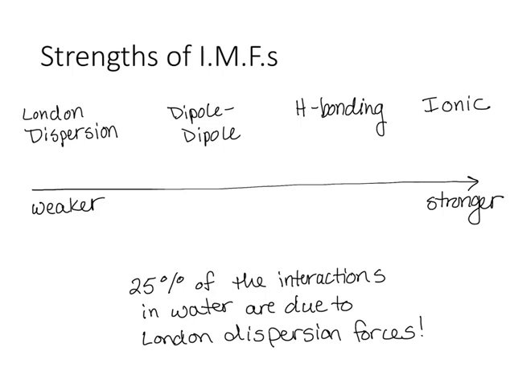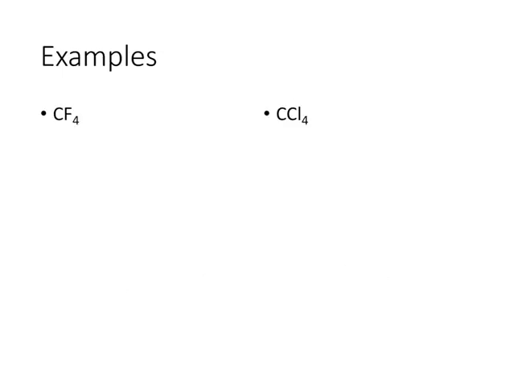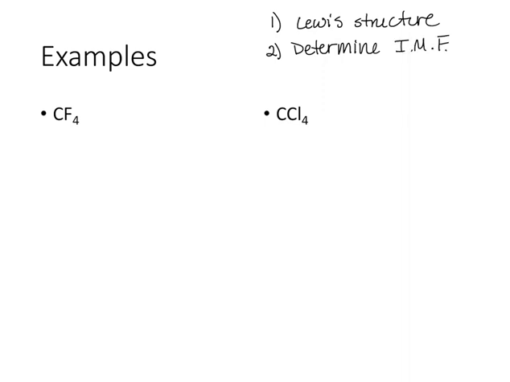All right, so let's look at some examples. Let's consider CF4, carbon tetrafluoride, and CCl4, carbon tetrachloride. Let's start by drawing the Lewis structure, and then we will determine the intermolecular force, which I'll abbreviate IMF.